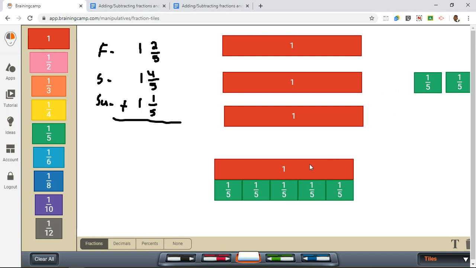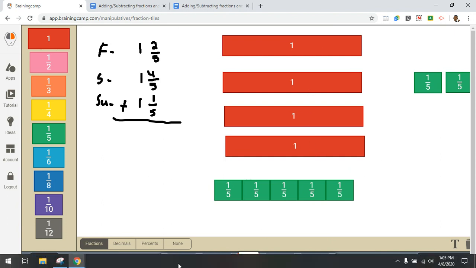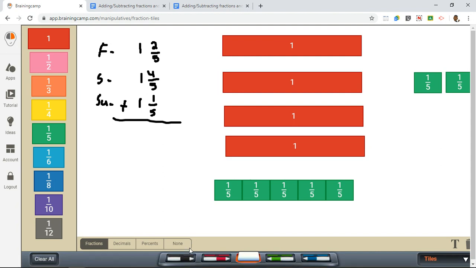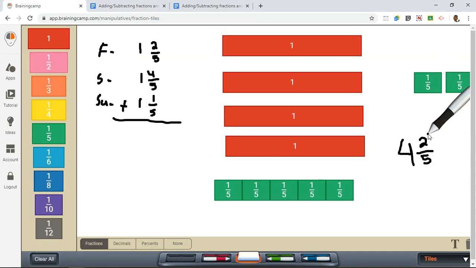So if I add the 1 whole to those 3 that I already had, I see 1, 2, 3, 4. I get 4 as a whole number, and 2/5 remaining. And of course, my answer, how many loads of laundry did he do in total? The answer, of course, would be 4 2/5.